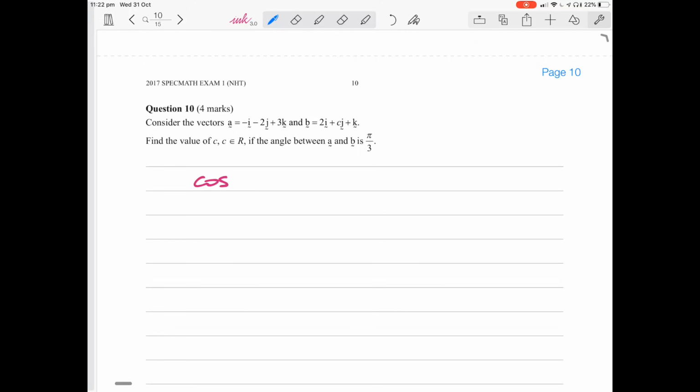So we can say cos of pi on 3 is equal to A dot B, which is going to be negative 2 minus 2C plus 3, on mod A, so whatever the length of that is, 1 squared plus 2 squared is 5, plus 3 squared is 9, so it's root 14, times mod B, 2 squared, so 5 plus C squared, square rooted.